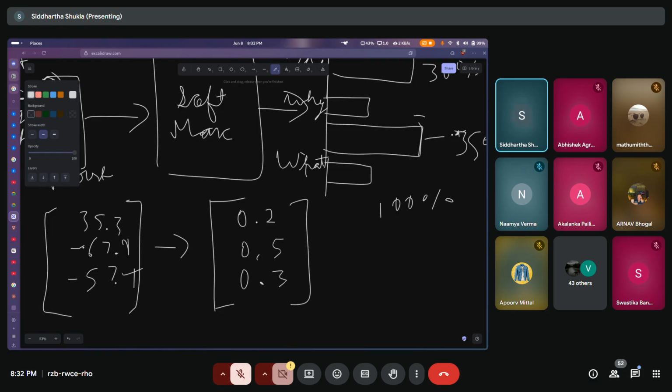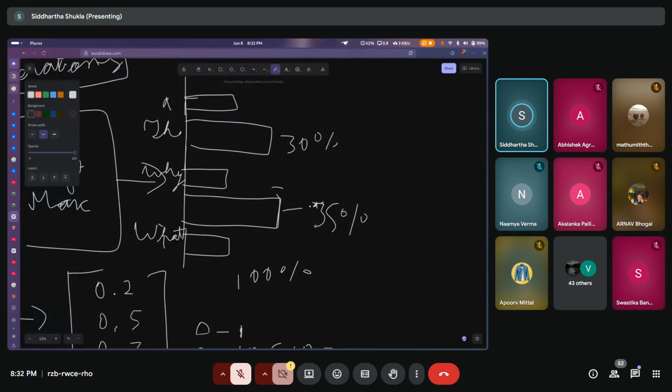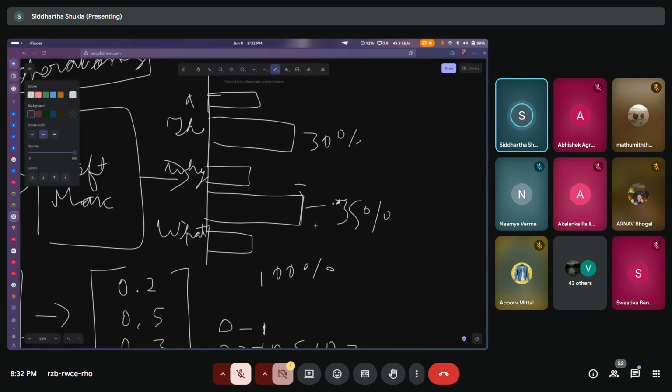What softmax did for us is it normalized all these values such that all values are between 0 and 1, and all of these values also add up to 1. So this is what softmax has done for us, so that we can create a probability distribution for it, and we can hence predict the next most likely word.